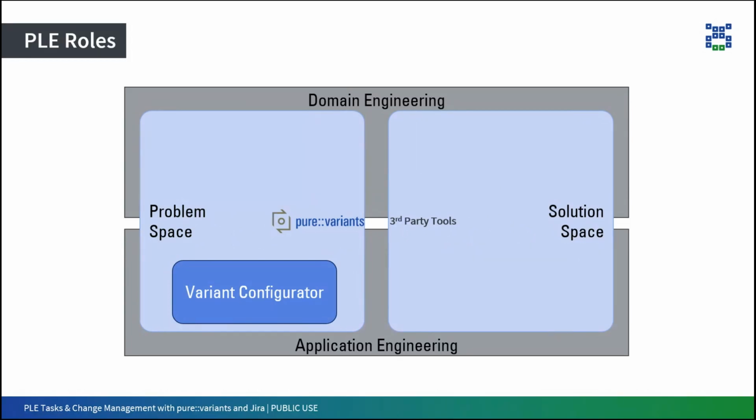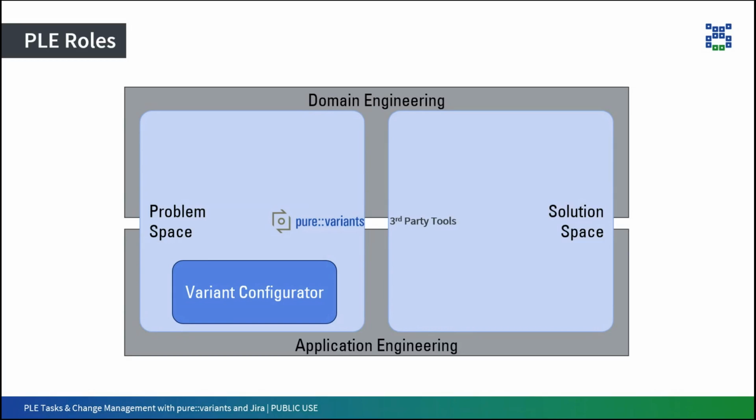Let's assume a situation to present the workflow. For example, you want to start a new project for a customer. Because you have built up your program and can reuse your engineering assets, the variant configurator will analyze the customer's requirements to create a new variant model and make feature configurations to meet the customer's needs.